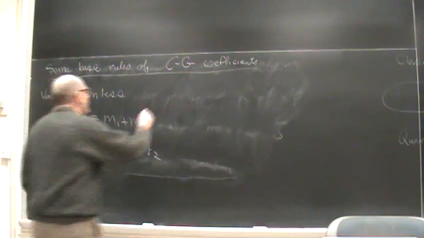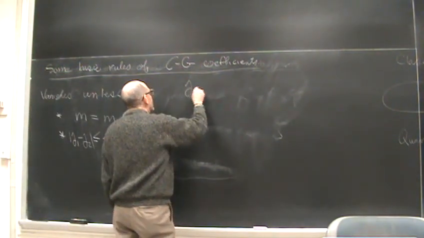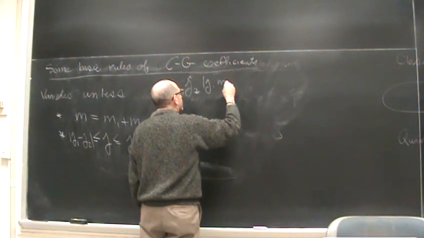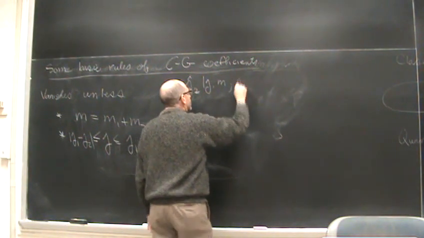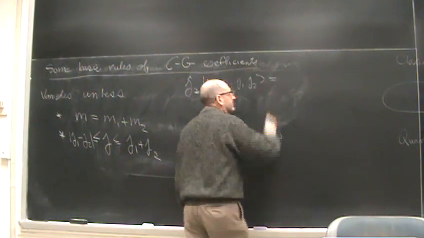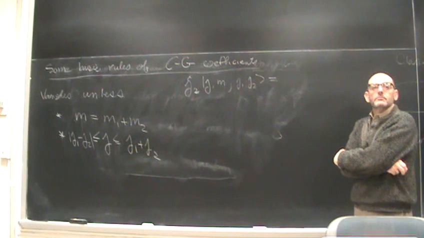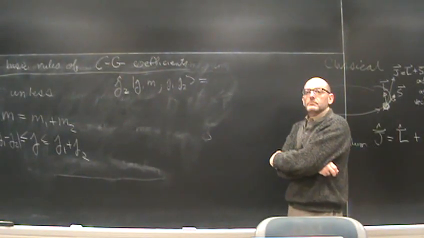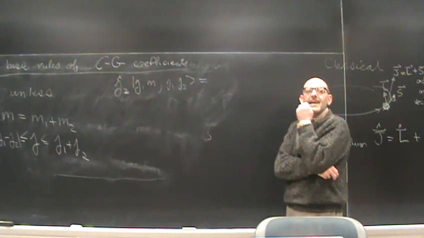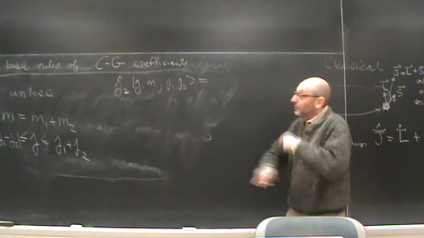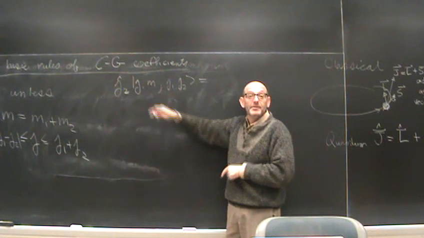Okay? So, if I look at Jz acting on this, what do I get? So much notation here, it gets confusing. M2. We do, but just in terms of these quantum numbers.